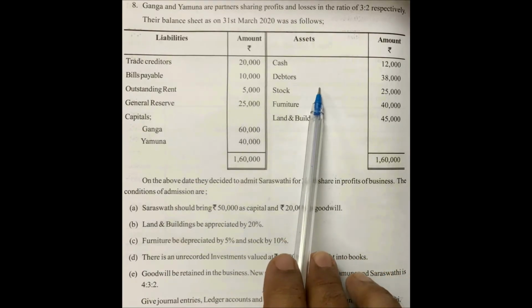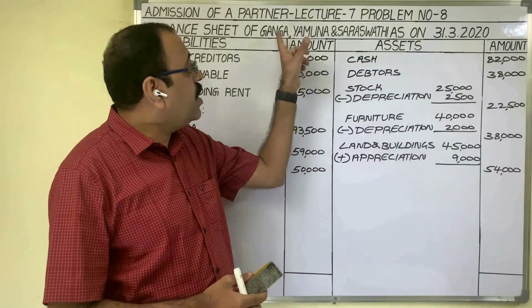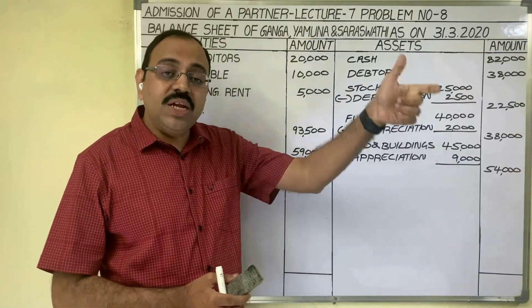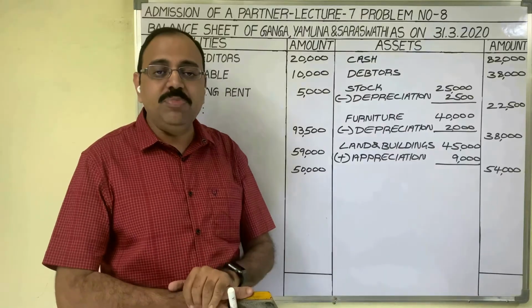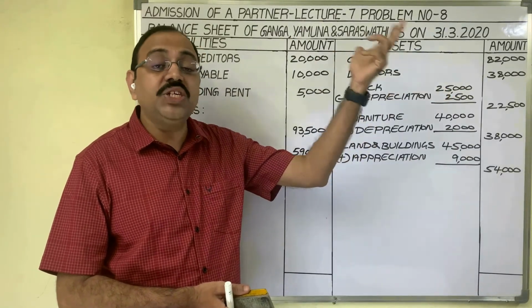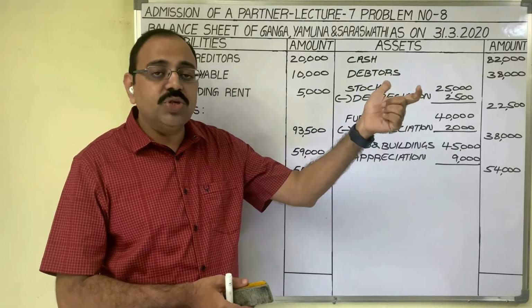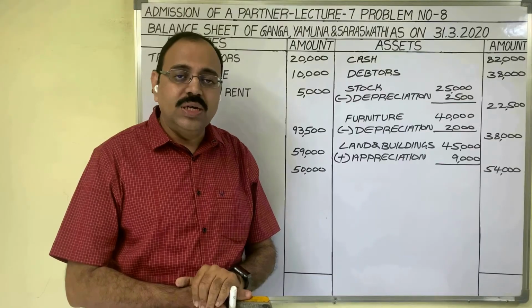Not only that, we have to observe the additional information also, whether any extra asset is given or not. Yes, there is an unrecorded investment valued at 3,000 rupees to be brought into books. Old partners Ganga and Yamuna invested 3,000 rupees in some outside business. Suppose they purchased outside companies' shares or debentures, or they invested this 3,000 rupees in government bonds.